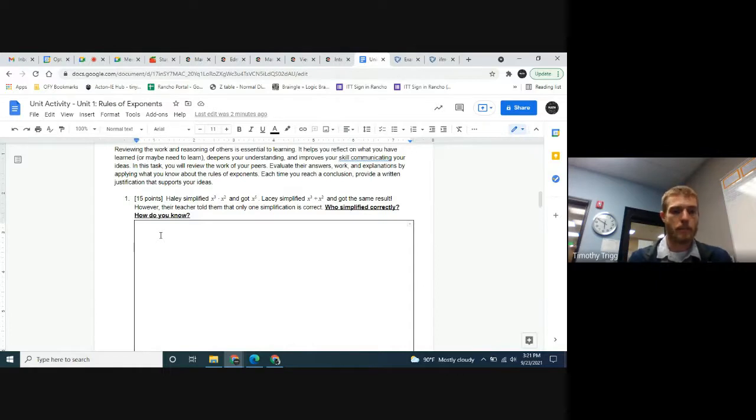So we would write: Haley simplified correctly, because when you are multiplying two things that have the same base, you should add the powers.